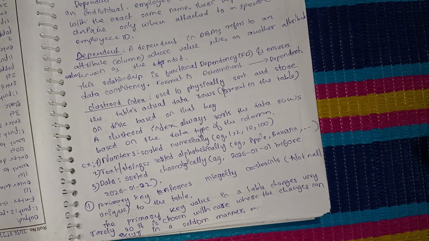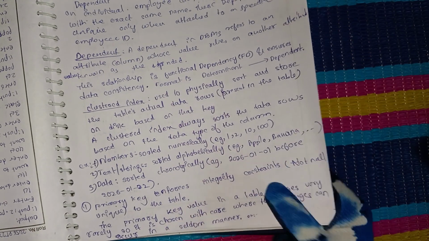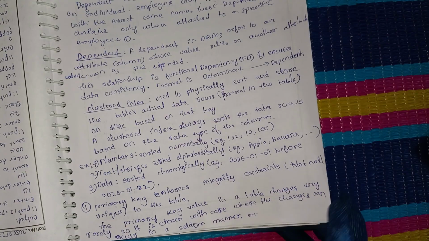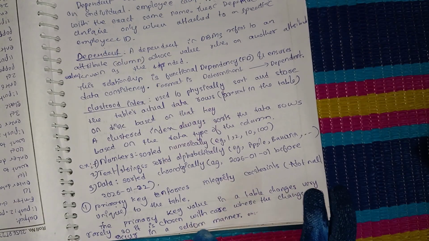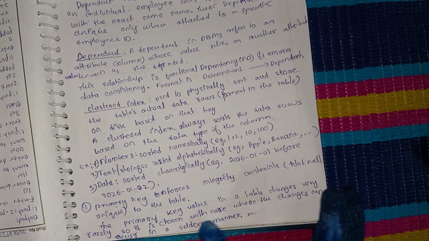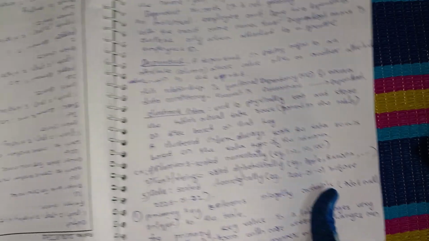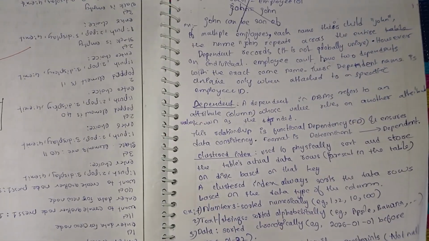For each person there is a unique student id in a university. So that can't be changed, so we are saying changes can occur in a seldom manner.